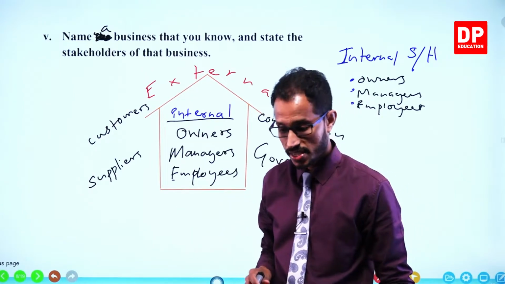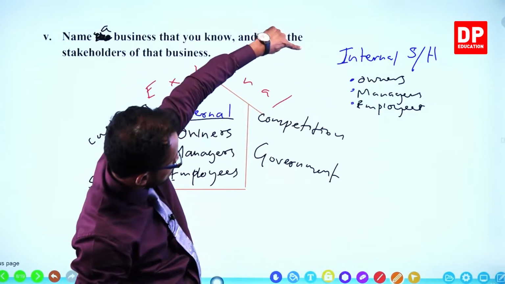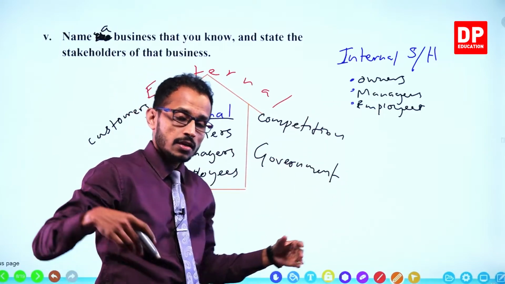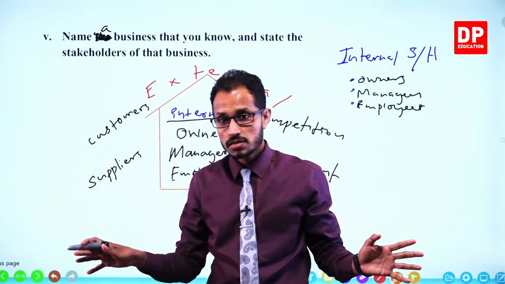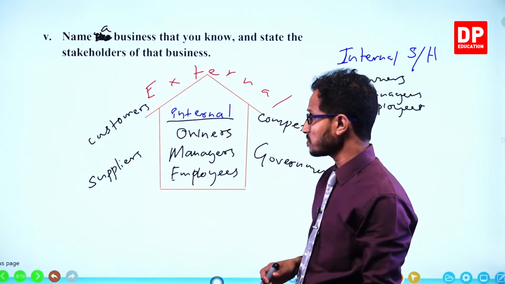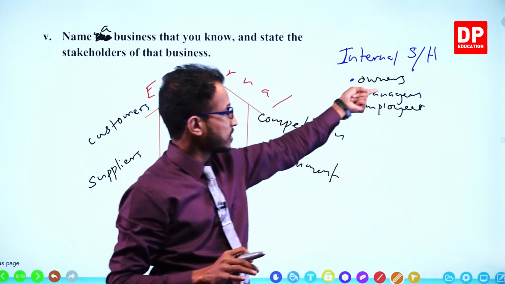You can present your answer like this: internal stakeholders, owners, managers, employees; external, customers, suppliers, competitors, government, investors and creditors. You can present your answer like this.